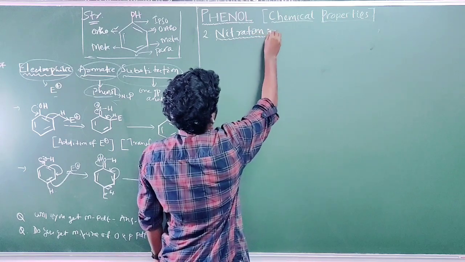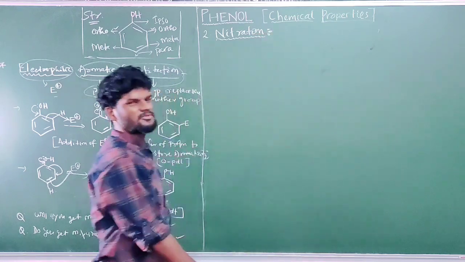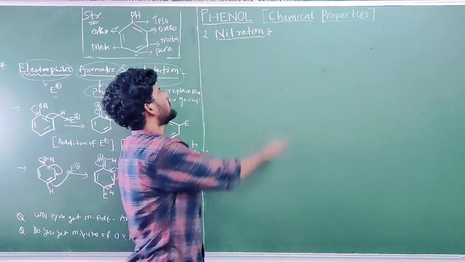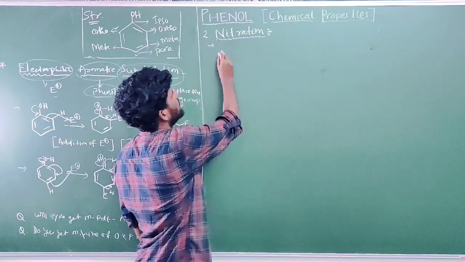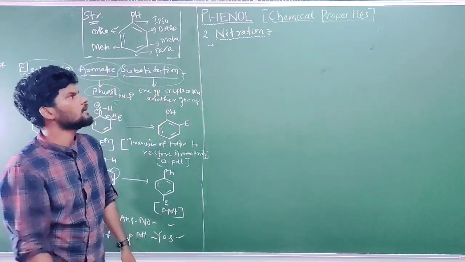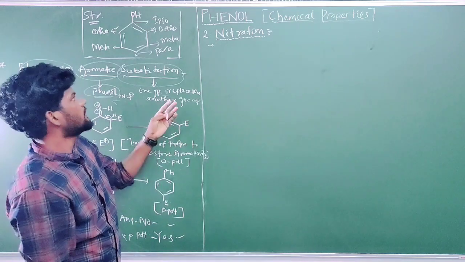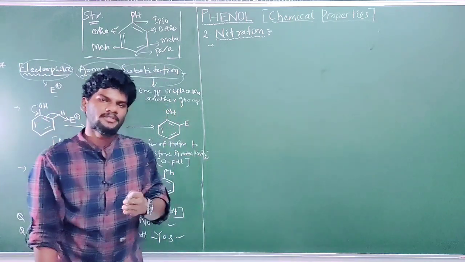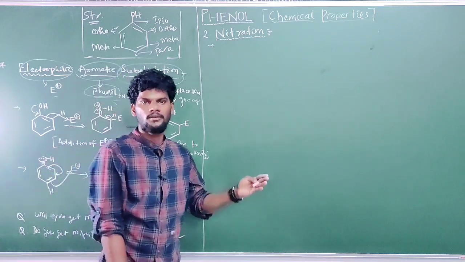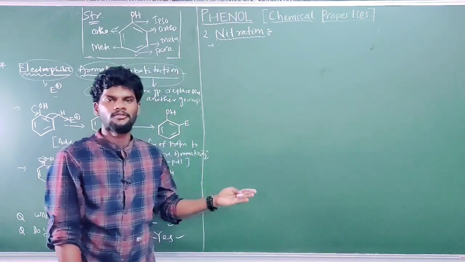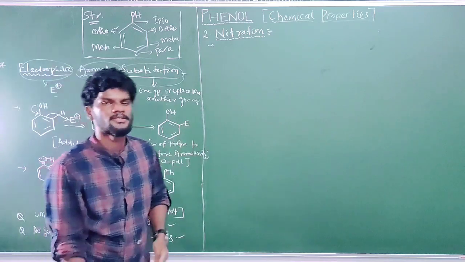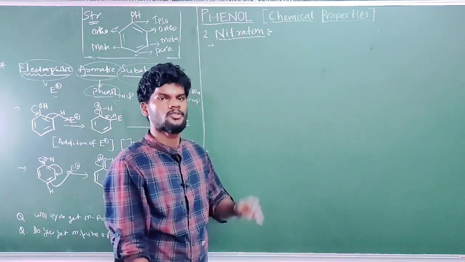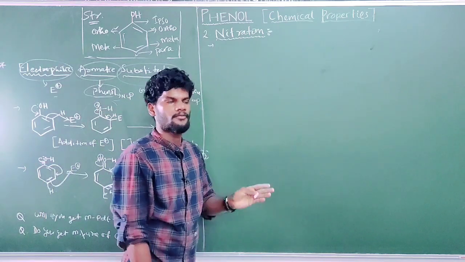So first write some points. In nitration, phenol reacts with HNO3 in the presence of concentrated H2SO4, or HNO3 in the presence of HNO3. It produces a mixture of ortho and para product, meaning ortho-nitrophenol and para-nitrophenol.